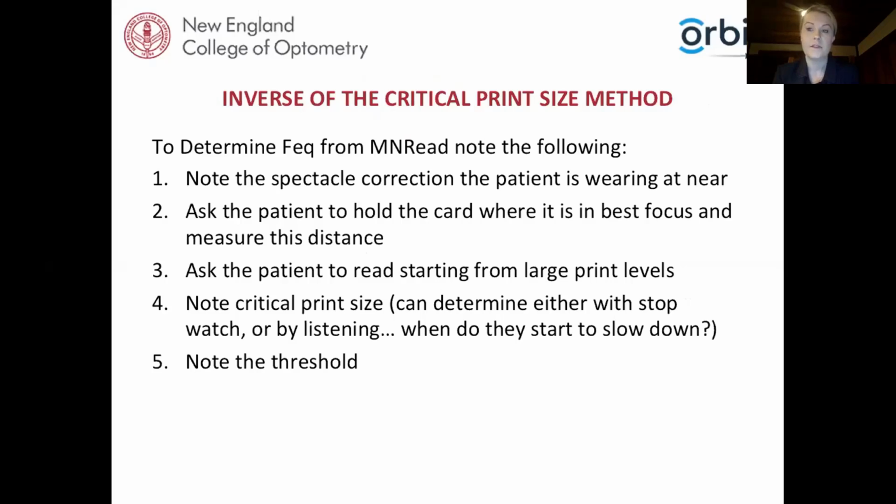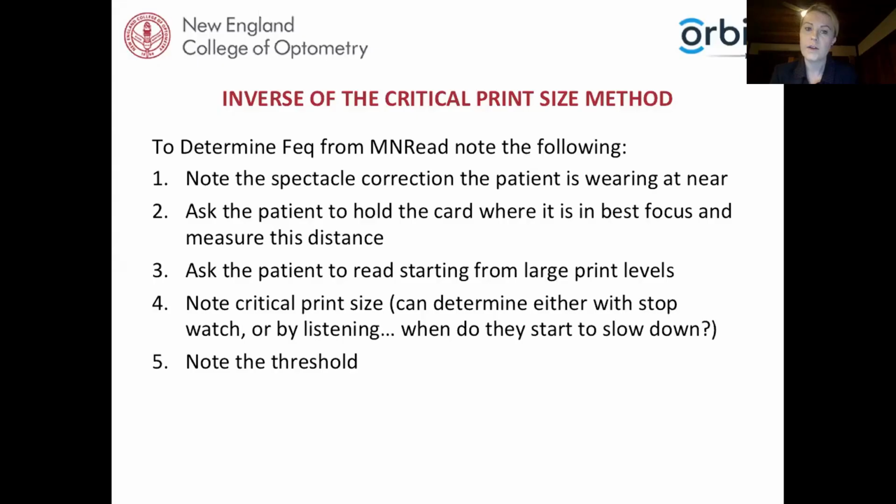Now, this method is effective if the patient's goal is continuous reading, and it is also effective if, in this case, we're using the Minnesota reading card developed by Gordon Legge, and that particular card is at a 3rd grade reading level, so the patient's reading level has to be at that level.